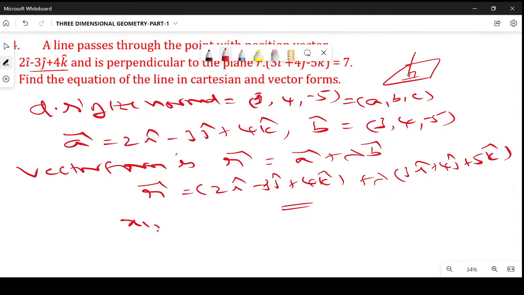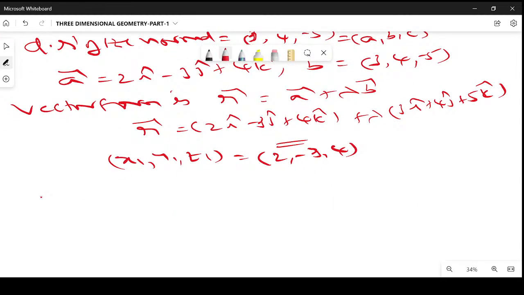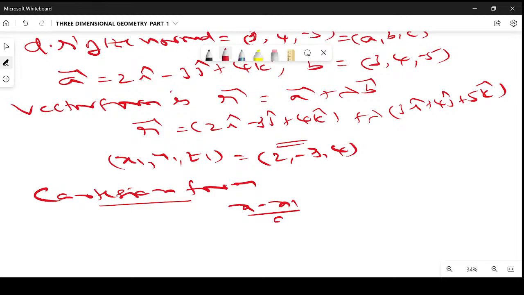So the point x1, y1, z1 comes 2, minus 3, 4, and b bar is 3, 4, minus 5, that is a, b, c. So the Cartesian form is x minus x1 by a equal to y minus y1 by b equal to z minus z1 by c.